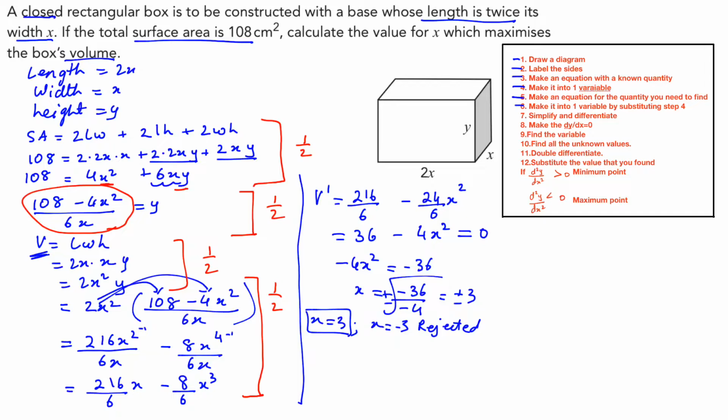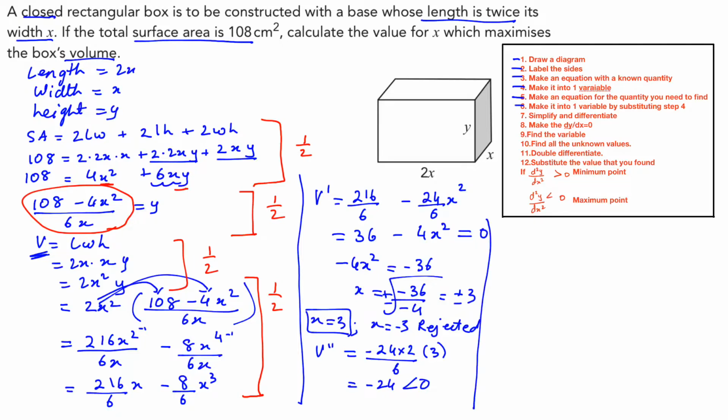Now we have to double differentiate, whether they ask us or not, to show whether it is a minimum or maximum volume. When we double differentiate this, we'll get negative 24 multiplied by 2 over 6. Substitute in place of x, 3, and you will get negative 24, which is less than 0.